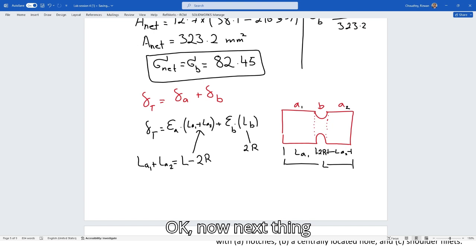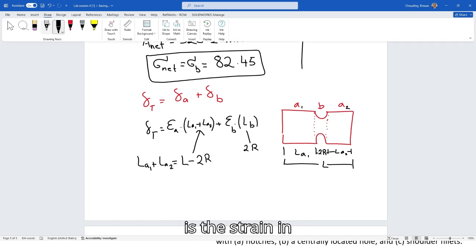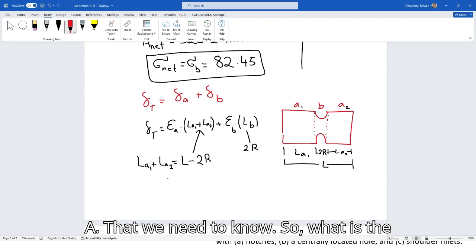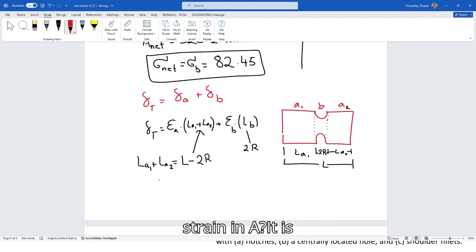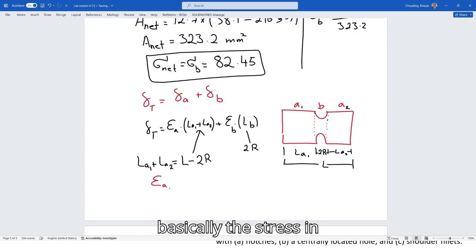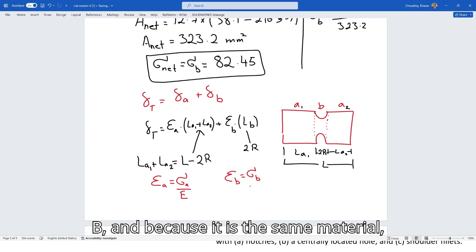Next, the strain in A that we need to know. What is the strain in A? It is basically the stress in A divided by the material's Young modulus, okay? And the strain in B will simply be equal to the stress in B divided by the same Young modulus, because it's the same material.